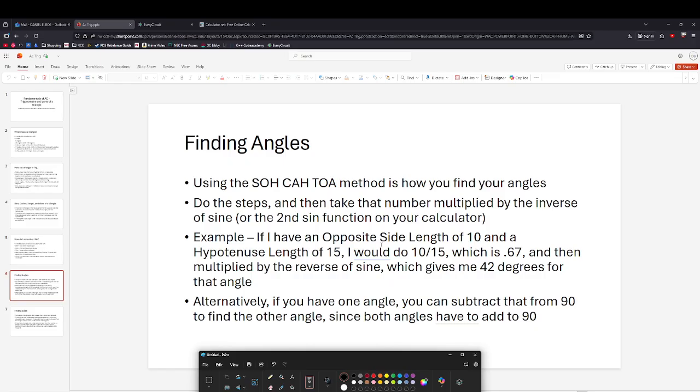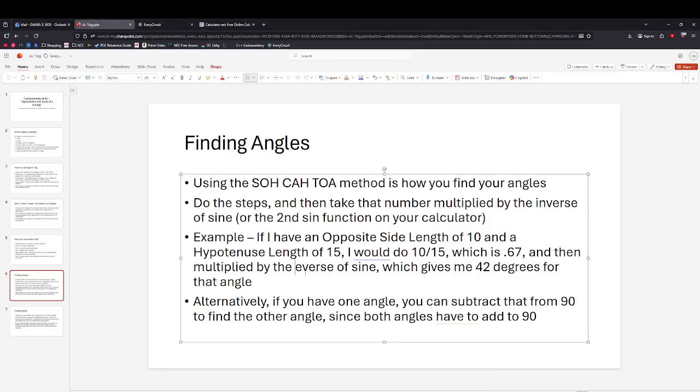If you know that your opposite is 10 and your hypotenuse is 15, you do 10 divided by 15, that's 0.6 repeating 7. And then you multiply that by the inverse. I don't know why I said reverse, it's inverse. Of sine, which is 42.